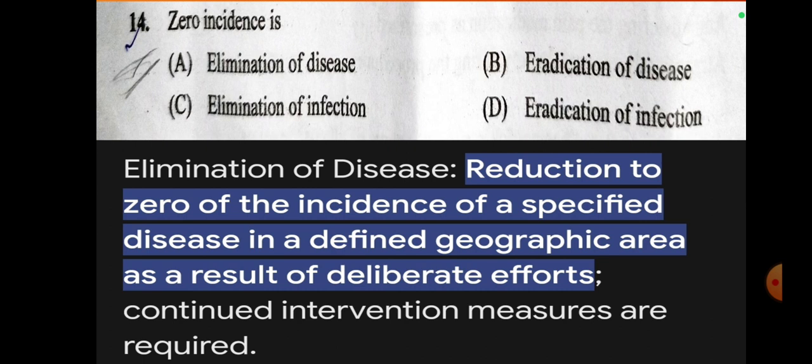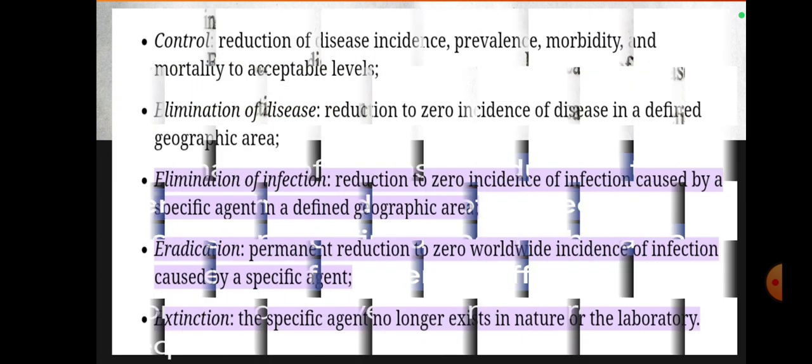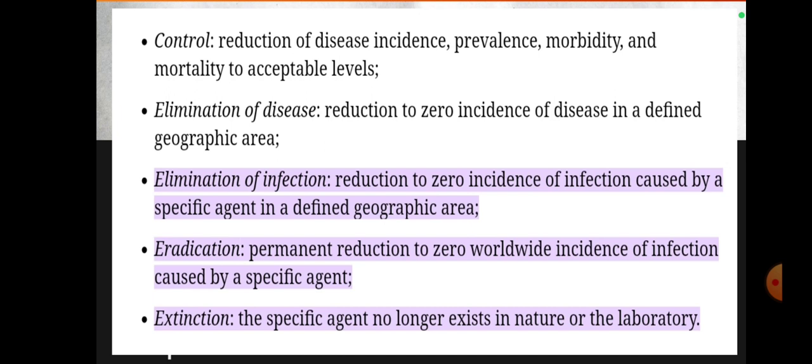Elimination of disease means the reduction to zero of the incidence of a specified disease in a defined geographic area as a result of deliberate efforts. Continued intervention measures are required. Control means reduction of disease incidence, prevalence, morbidity and mortality to acceptable levels.